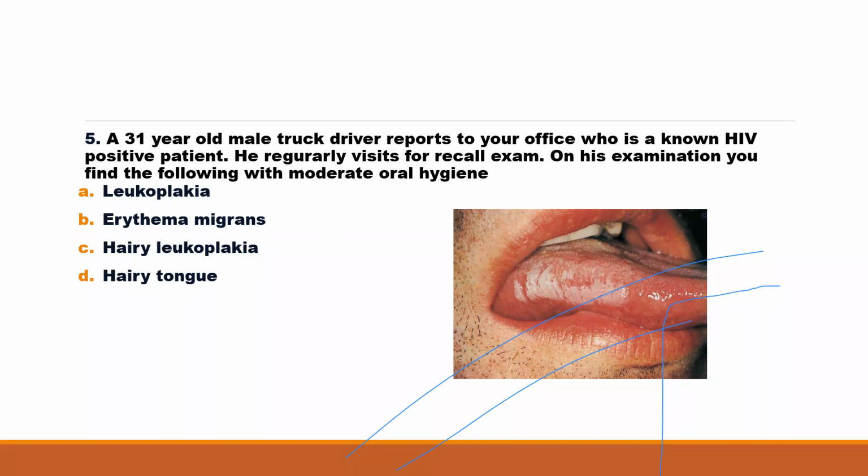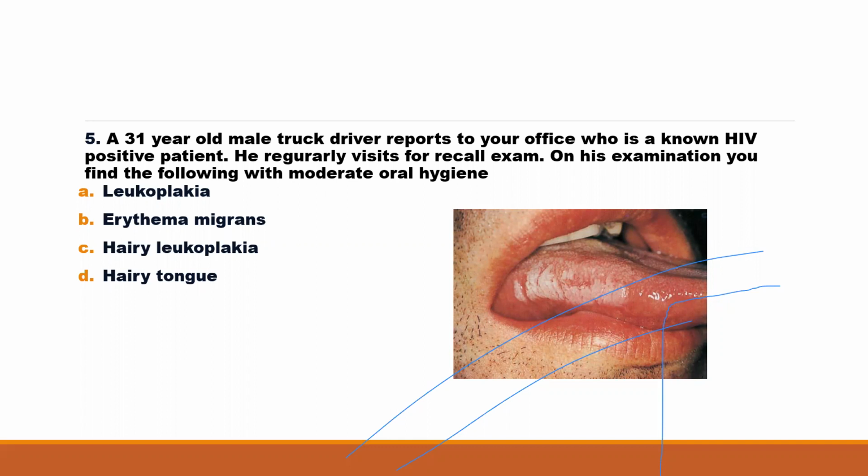So I hope everyone is ready and I can share the answer. As the poll shows, it's C, hairy leukoplakia. A quick thing, it can be confused with leukoplakia, but how to differentiate quickly is that the patient is HIV positive. So he is supposed to have hairy leukoplakia rather than plain leukoplakia.